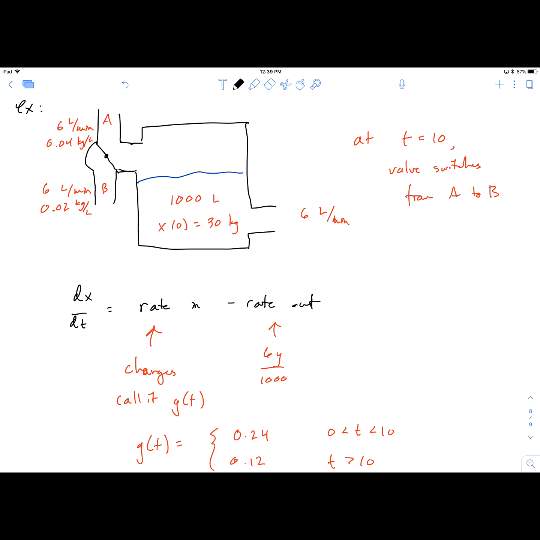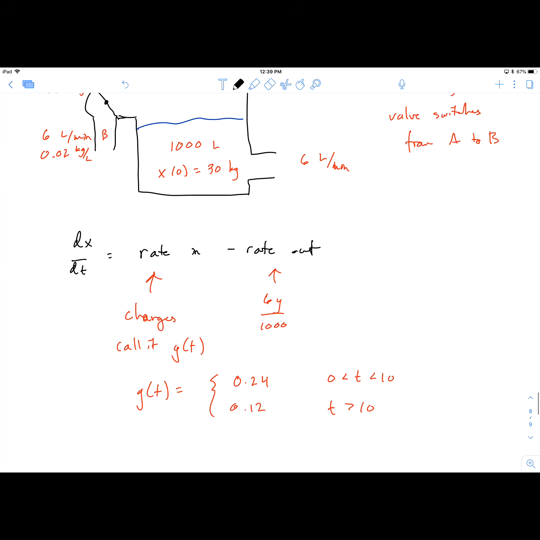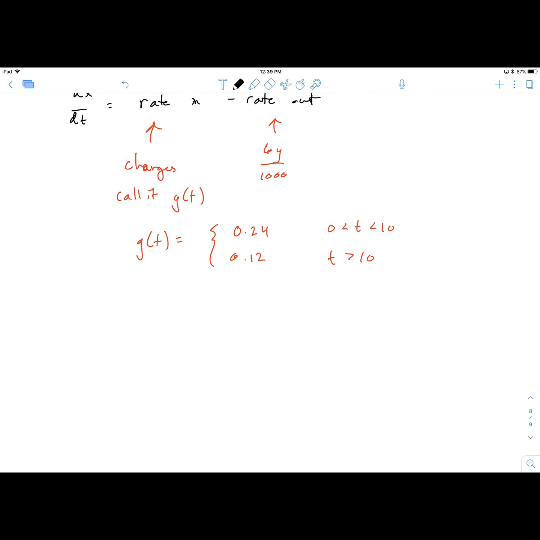Now that we have seen the pulse functions and the unit step functions, we can rewrite g of t using those. The initial value from 0 to 10 of 0.24 would be using the pulse function from 0 to 10. And then from then on, it would be 0.12 using the unit step function shifted by 10.